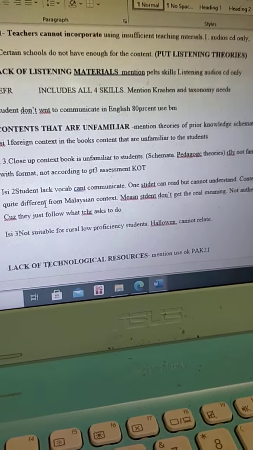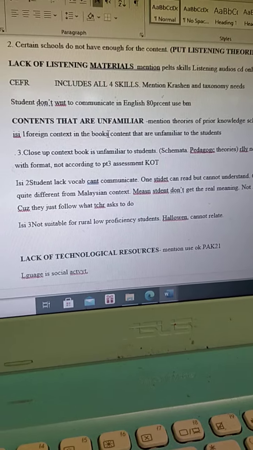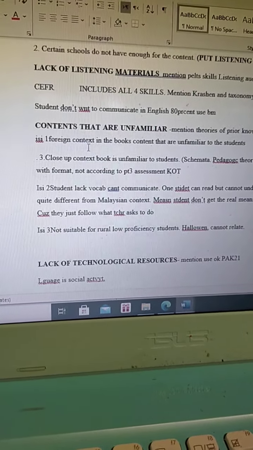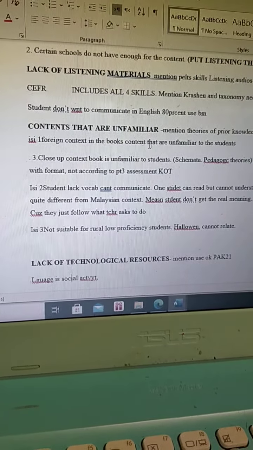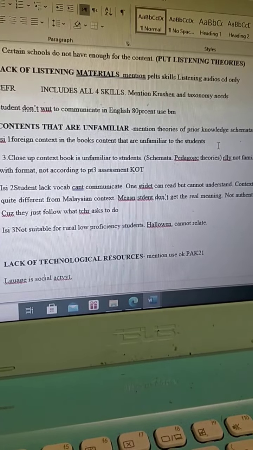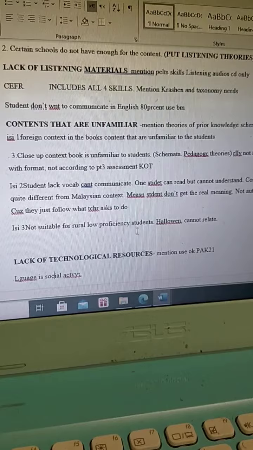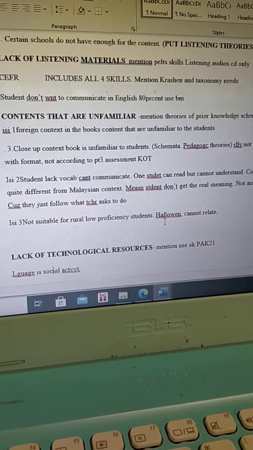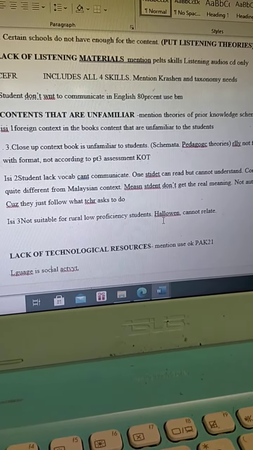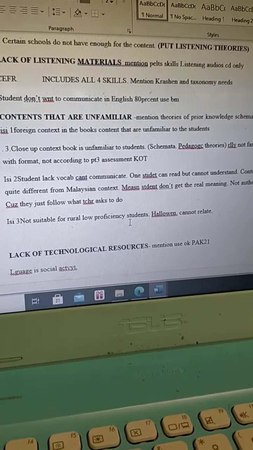Okay, ketiga, buku close up book tu, there are the foreign context in the books, the contents that are unfamiliar to the students. Contohnya students daripada rural area atau students yang low proficiency, they cannot relate to the festival Halloween, Christmas, so they cannot relate.